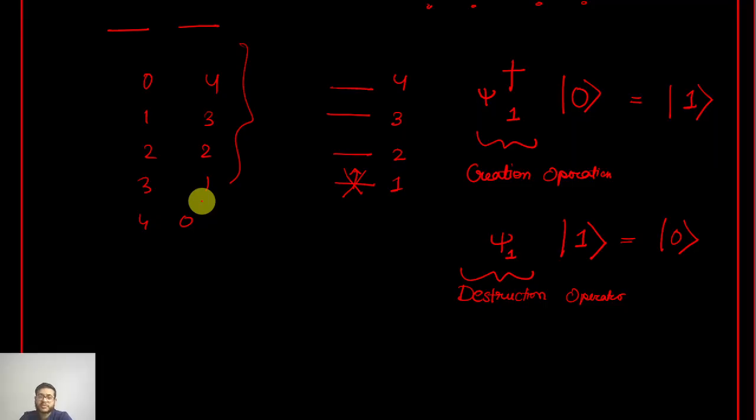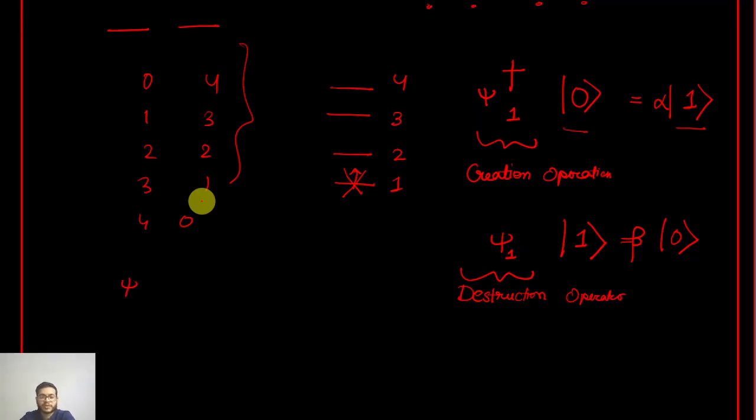There might sometimes be proportionality constants, but they will be taken care of by the normalization of the ground state or the one state. The main idea is that you can create a particle in an energy level, or any quantized level, or you can destroy it. You can create a particle having momentum k, or destroy a particle having momentum k. You can create a particle at position r, or destroy a particle at position r.